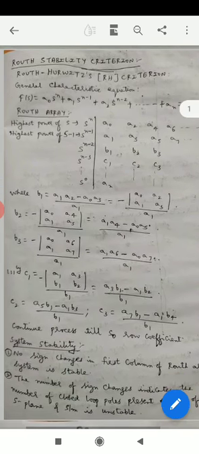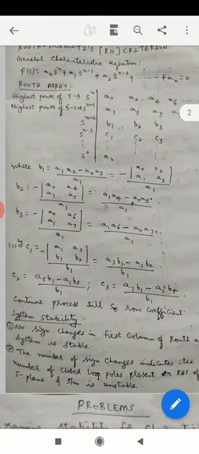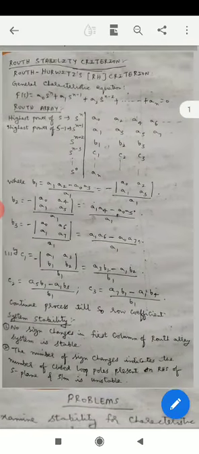So how will you determine whether the system is stable or unstable based on the Routh stability criteria? The system is said to be stable when there are no sign changes in the first column of the Routh array. For the system to be stable, what should happen?